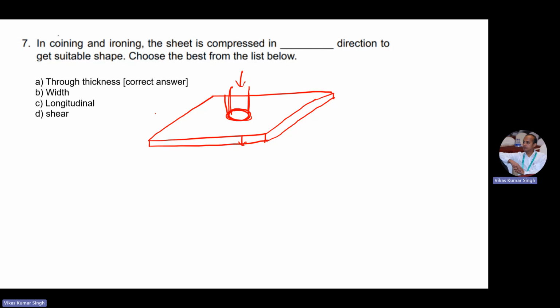Somebody can ask why not in the length direction and width direction. In sheet metal forming, there is always a ratio between L by T or T by L. It depends on different textbooks. Somebody is writing this, somebody is writing W by T or T by W. There is a ratio, and this ratio defines whether you are working with a sheet, or a blank of material, or a slab of the material.